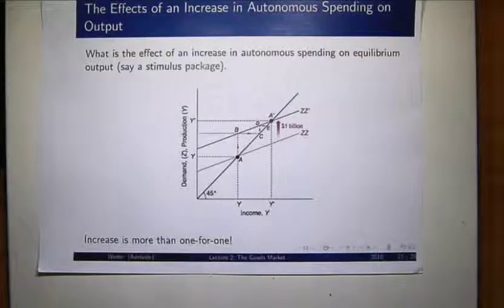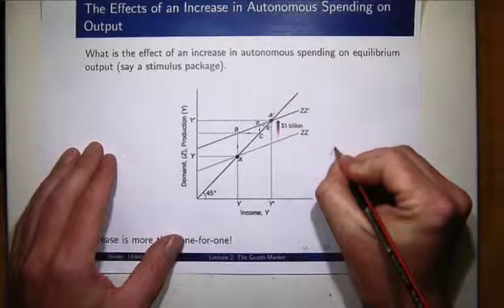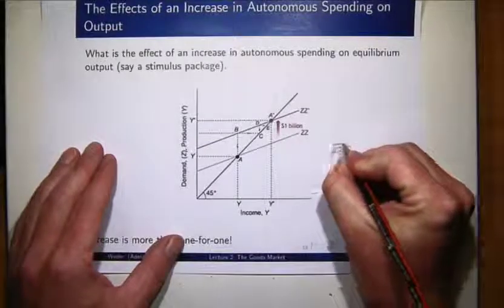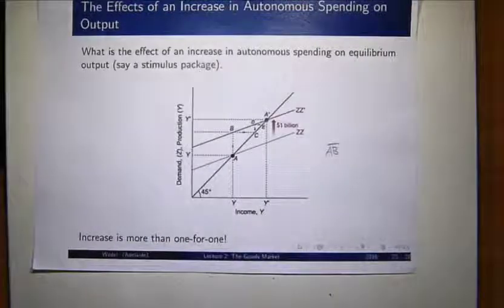So what happens in this economy? Well, there's a number of effects. If the government increases its spending, say the initial increase is basically the length from A to B, what happens to the economy?